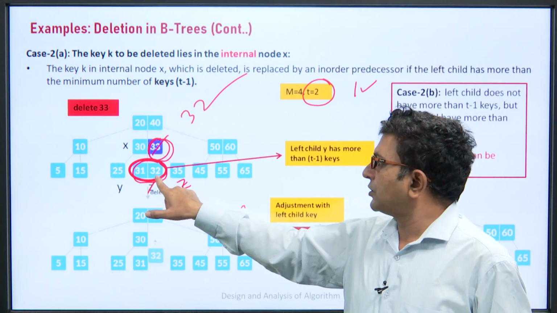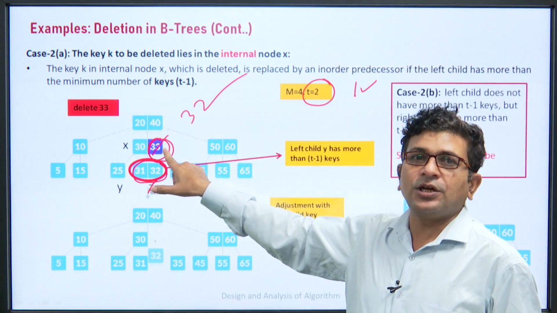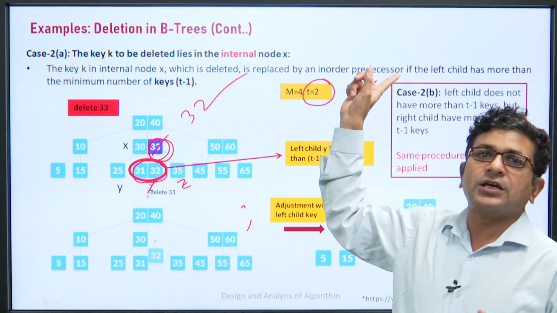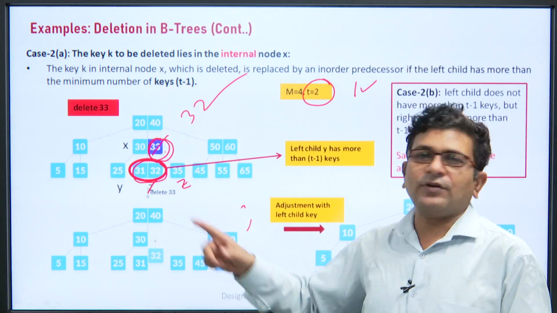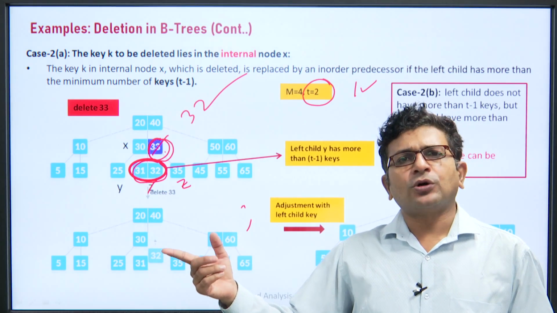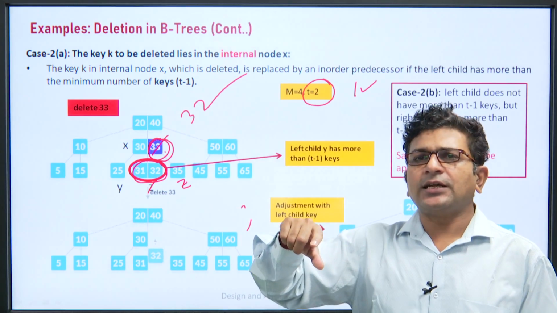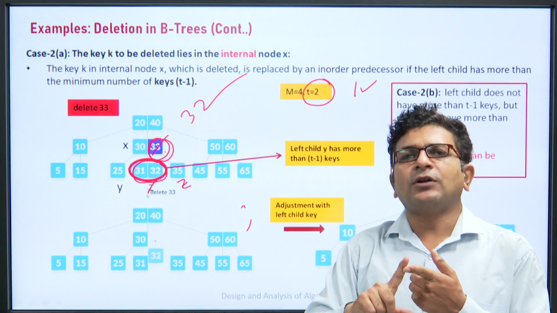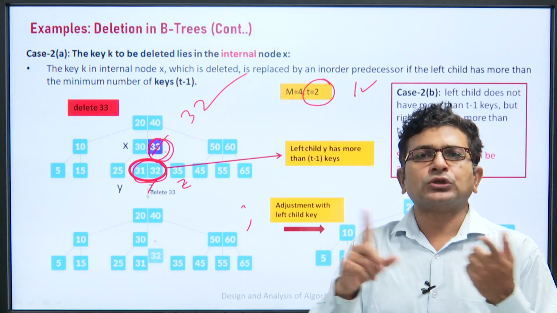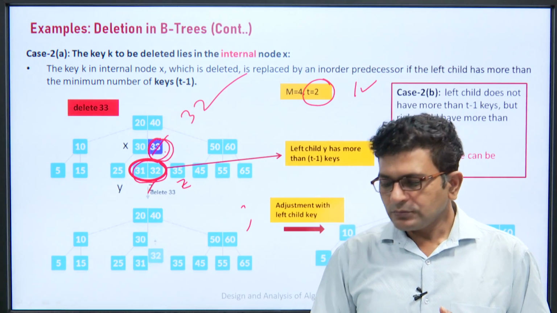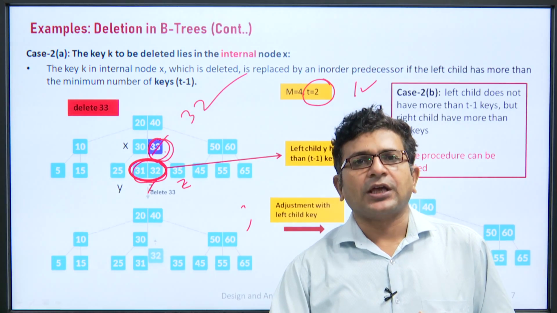Here 32 was the immediate predecessor of 33, but in the 2B case we will find the immediate successor. So, it may be 35, it may be something else. That would be replaced by the successor, and that particular key would be deleted, and finally, we will get the resolved B tree. So, this is the 2B case.